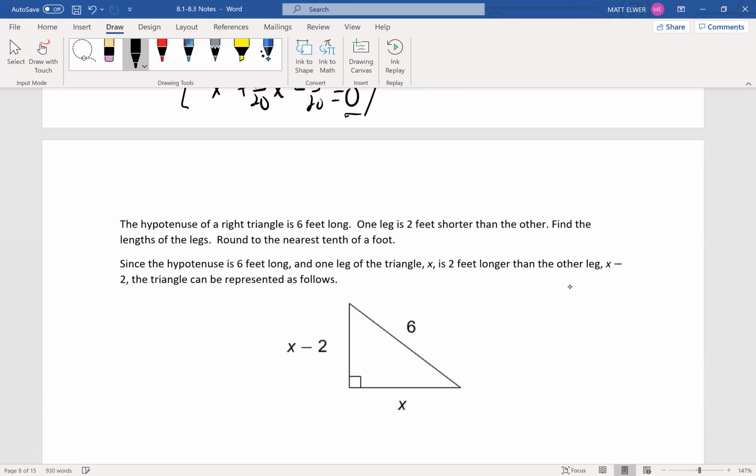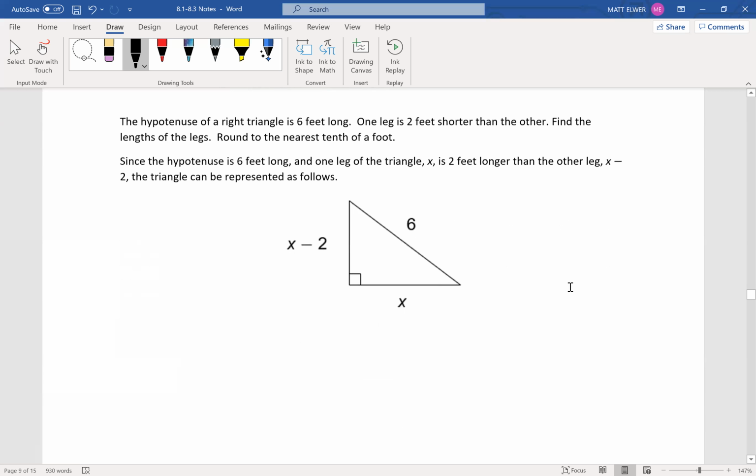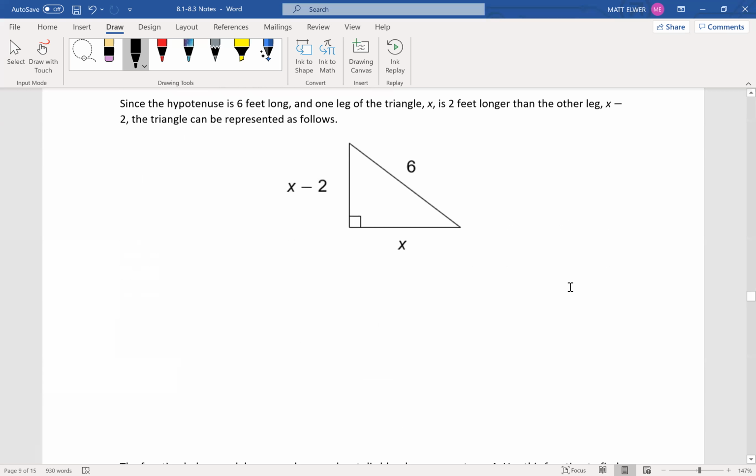To find that, maybe a hint that I've kind of already given away is to use the Pythagorean theorem. So I know that the length of this squared plus the length of x squared is equal to 6 squared. So we get x minus 2 squared plus x squared equals 6 squared.